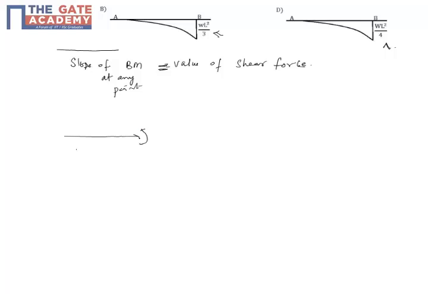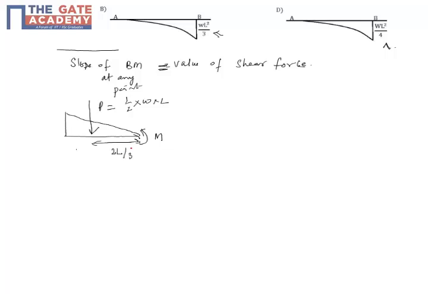So let's draw a free body diagram. This is the moment M. This distributed load can be represented by a single load P, equal to the area of the loading, which is half base into height because it's a triangular loading, so half W into L. It acts at 2L by 3 from the lower end.